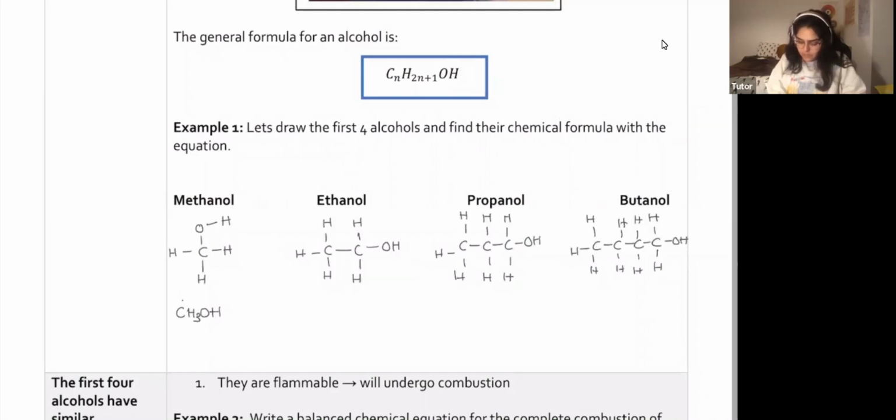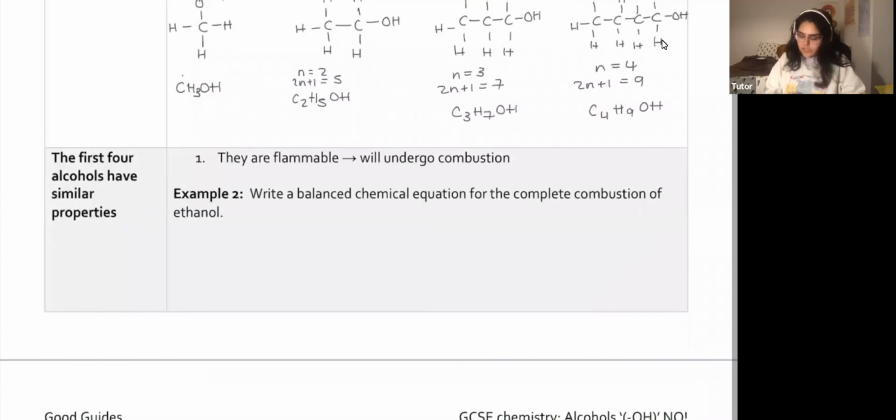If we work it out for ethanol, n is 2, so C2, 2n plus 1 is going to be 5, H5OH. With propanol, 2n plus 1 is 7, that's going to be C3H7OH. And if we work it out for butanol, that's going to be 9, C4H9OH. Like so. Quick and easy.